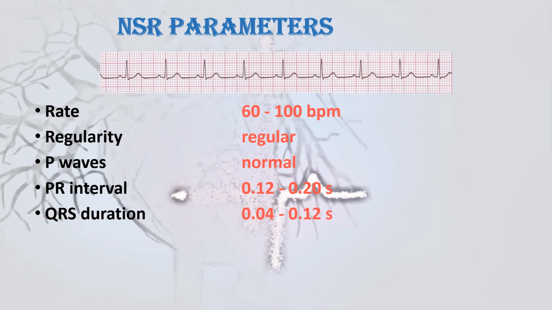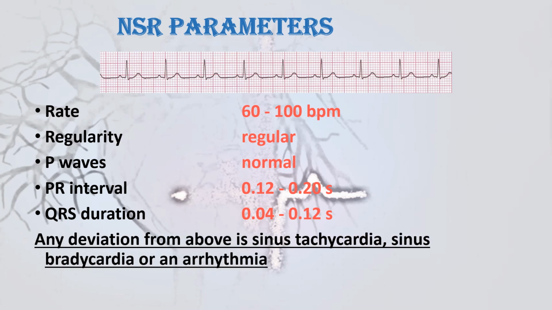QRS duration should be 0.04 to 0.12 seconds. Any deviation from the above: if the rate is higher, we say sinus tachycardia. If the rate is less than 60, we say sinus bradycardia. Or if there is a change in regularity or change in the P wave or PR interval, we say it is arrhythmia.